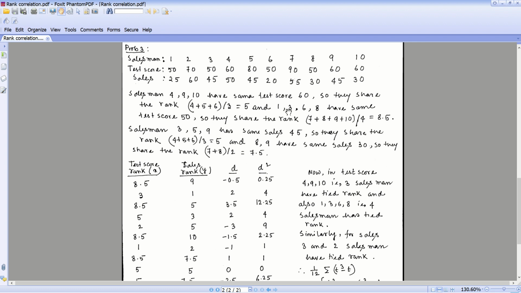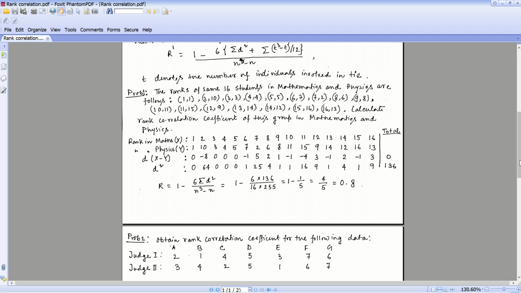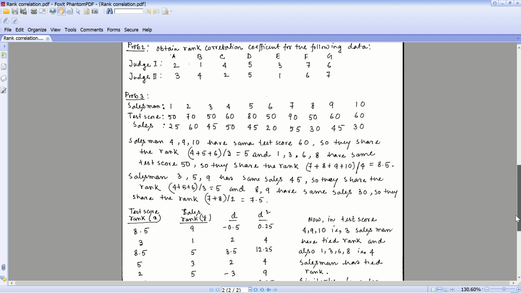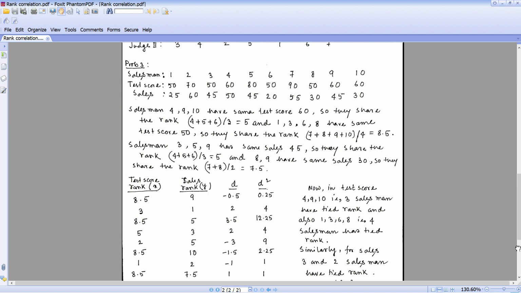Salesman 3, rank is 8.5. Salesman 4, rank is 5. This way we have written down the test score rank and sales rank. Now find out their difference, and the difference squared.